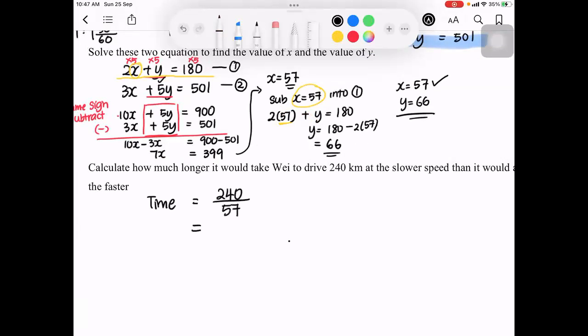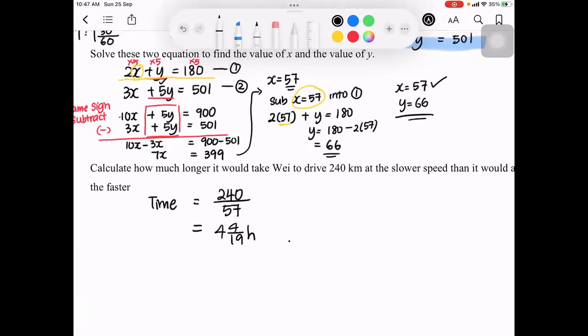That will give me 240 divided by 57, 4 and 4 over 19 of an hour. The other time for the faster speed, 240 over the faster speed, which is 66. Both of them are speeds according to the question. Then this one will be 3 and 7 over 11.